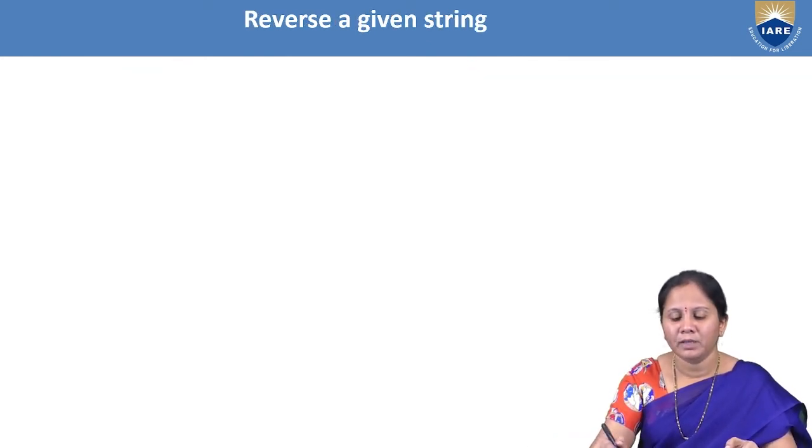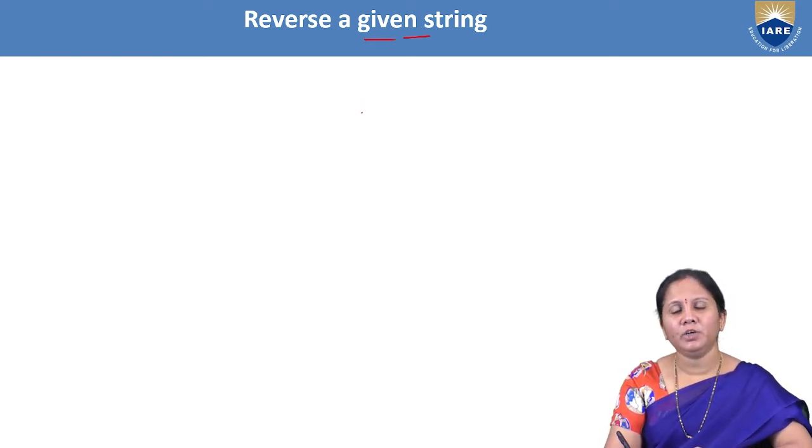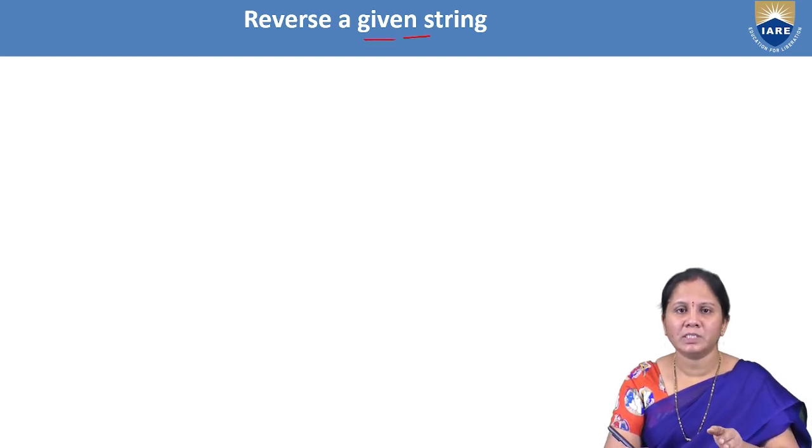And next string manipulation is reverse a given string. So we have to perform the reverse operation. First we need to consider one input string with the help of a register SI, and we have to store the result in DI in the reverse manner.